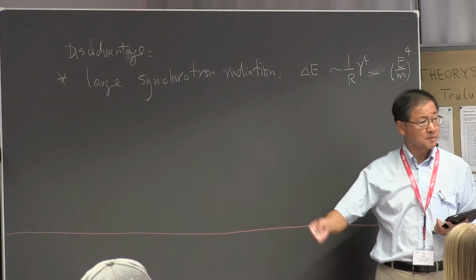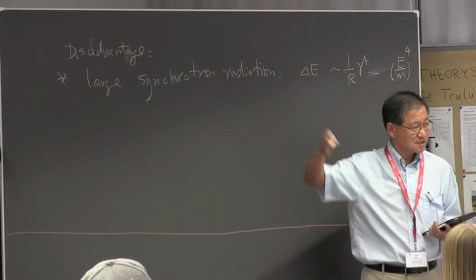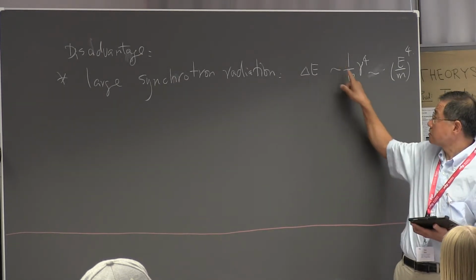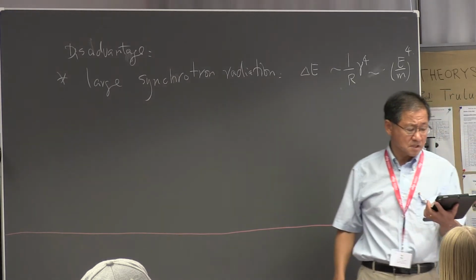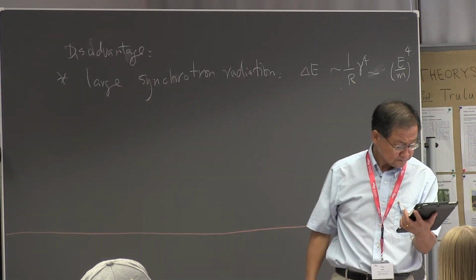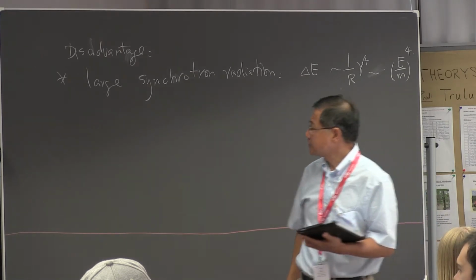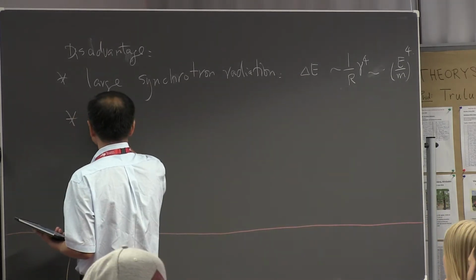Now, of course, you could try to make it linear. As I say, you make it linear, just keep adding up, and the radiation is much less. The radiation is the same, in a different form, as we know. So the second thing is the difficulty if you make this linear.